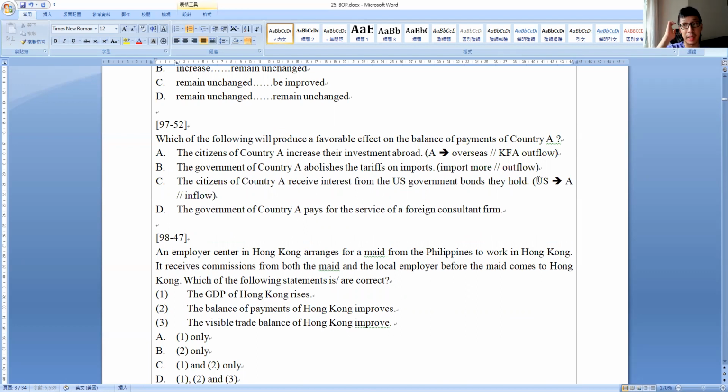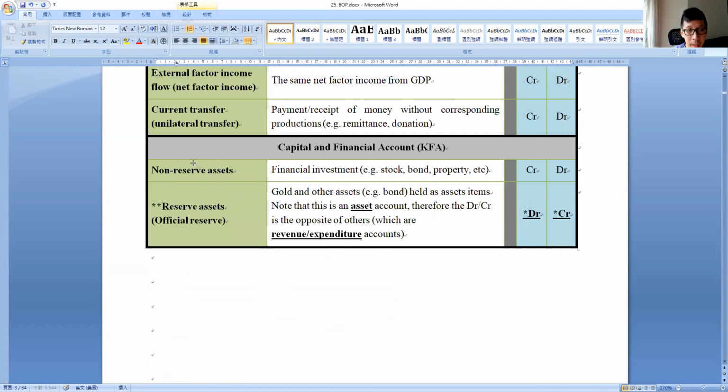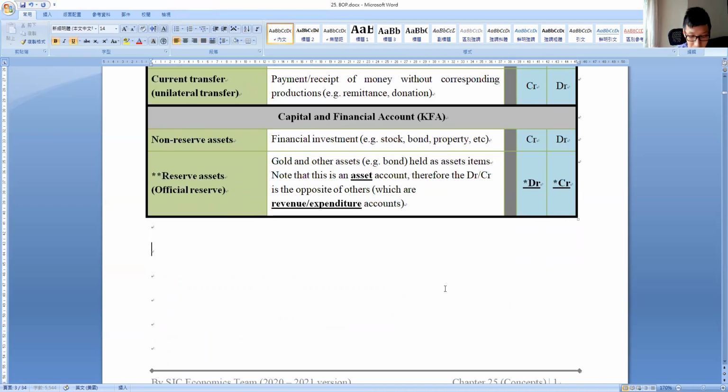But let's think about which component it would belong to. I receive interest from the government bond. I think some of you will be thinking this is KFA, right? Now remember, this is an inflow of net factor income. Why? Let's go back. When we talk about financial investments, stock, bonds, and those kinds of things, we are talking about the stock here. Let's write clearly.